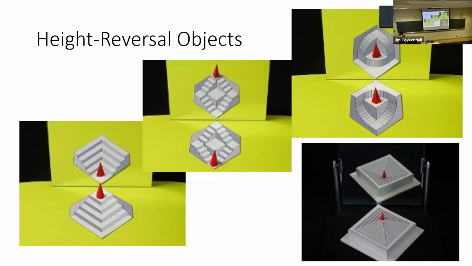Now, let's see another type. Perhaps reversal objects. When we have a cone on the top, now in the mirror it's at the bottom. This one is at the bottom, but in the mirror it is on the top. Same for another one. It seems the positions of the cone change.